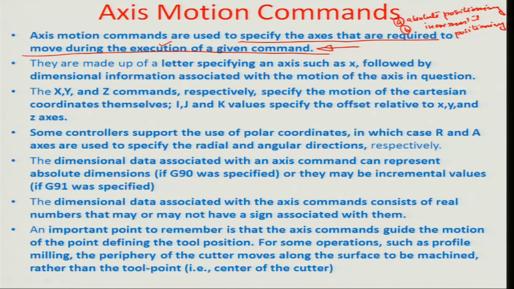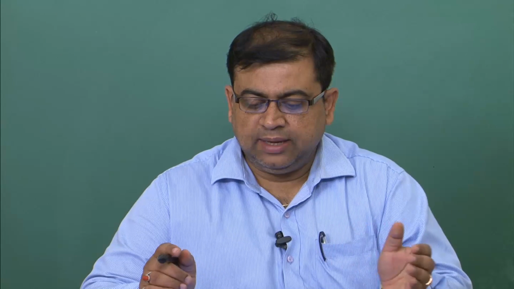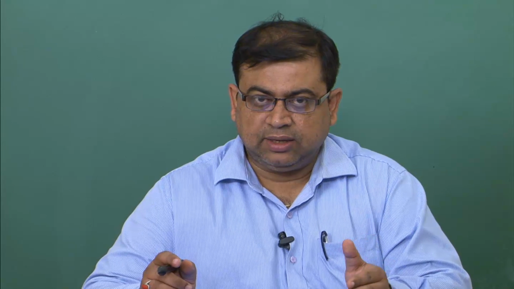As you have been seeing earlier in almost all the NC programs, such commands are given through the coordinate which is involved. For example, let's say we say capital X 3, meaning that the X corresponds to an axis motion command, and it represents a certain X coordinate if you're talking about absolute positioning with reference to the origin.